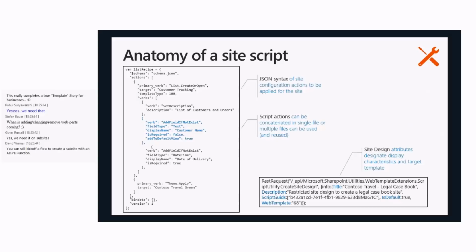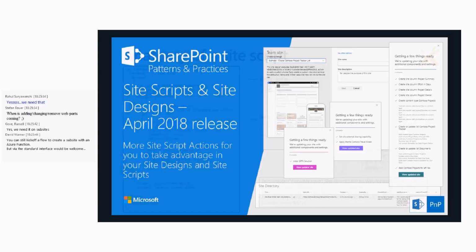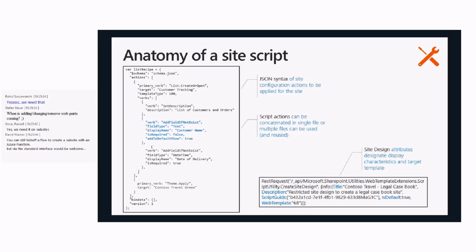But then you are able to create the site script, which is associated to the site design, where you define what kind of lists and libraries are actually created. And these are basically JSON definitions. You define using the JSON structure what are the actions to be performed for the just created site. And that's basically what a site script is. Anything you want to add there, Sean? Nope, that's great.